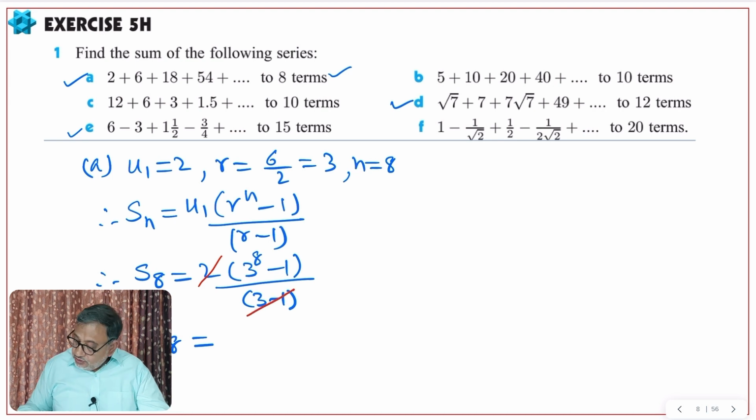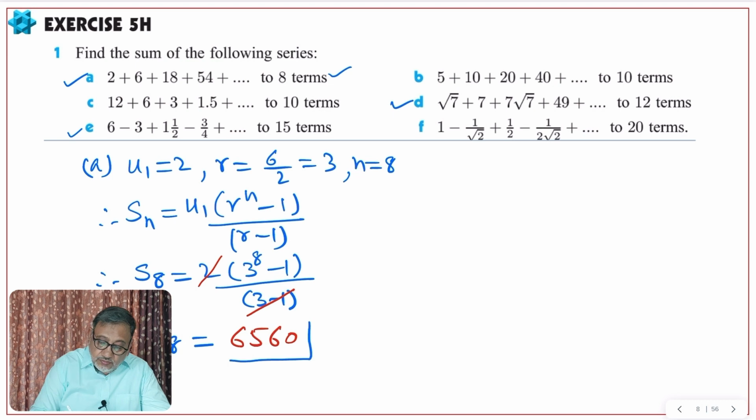Only I have to find 3 raised to 8 minus 1. 6560, right? So this was the answer.